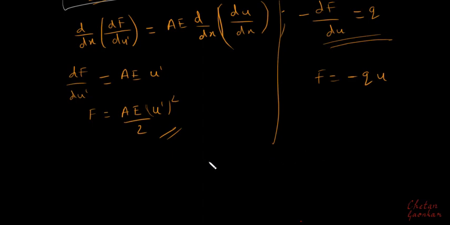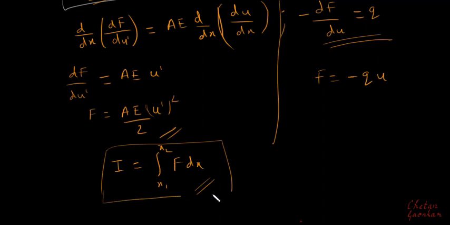So what do we do now? We know that the Euler-Lagrange equation gives us the equivalent integral form in this fashion: the integral of f over some domain from x1 to x2, dx.